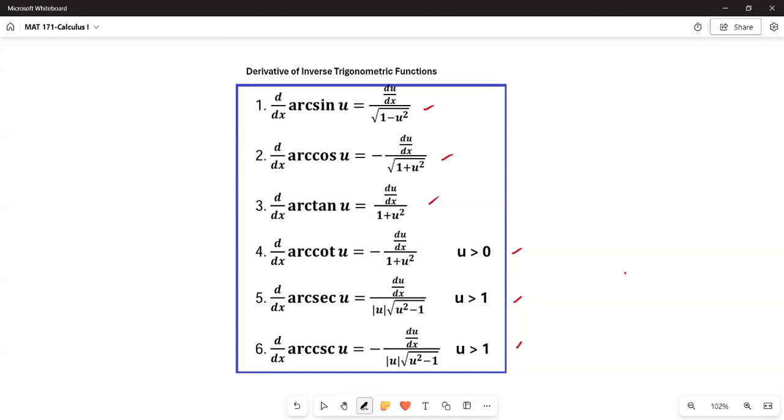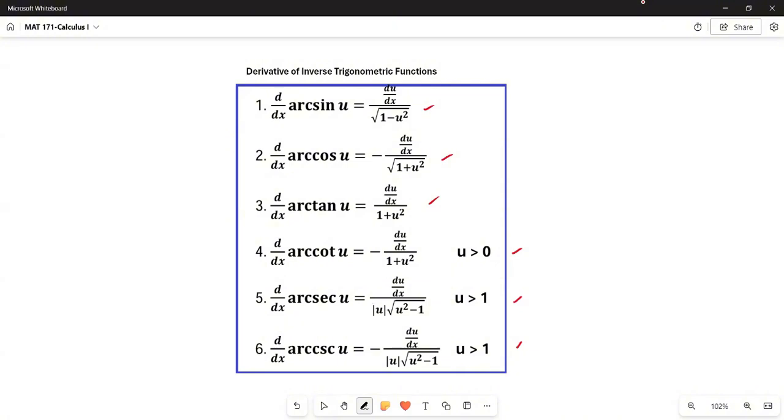And then for the arc secant u, derivative niya is equal to derivative of u in terms of x over absolute value of u times square root of u squared minus 1. So dito ay absolute value, dito hindi naman. Basta daw yung u, pagdating sa arc secant, is positive or greater than 1. Positive value, okay?